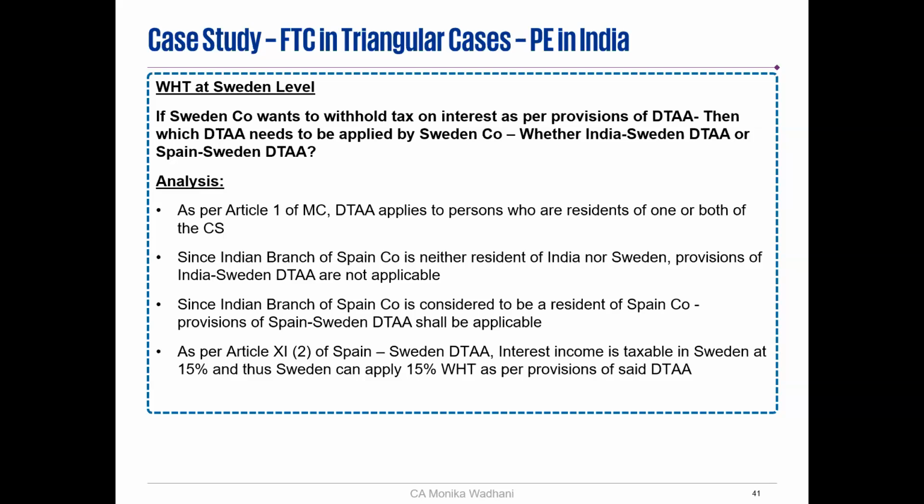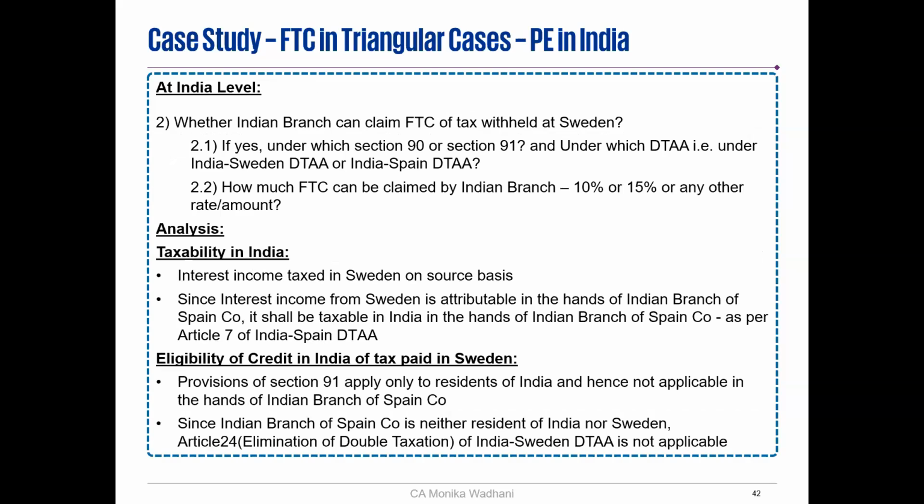Now, as per Article 11.2 of the Spain-Sweden treaty, interest income is taxable in the source state, which is Sweden in this case, at 15%. Therefore, if Sweden has to apply the treaty provisions, it has to apply the Spain-Sweden treaty provisions and do withholding at 15%. Now, what will happen at India level?